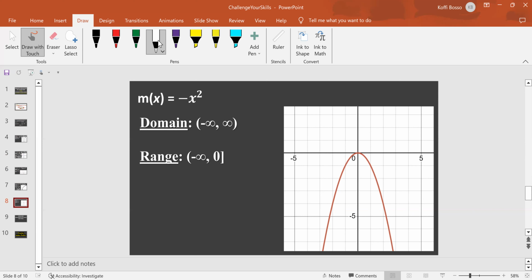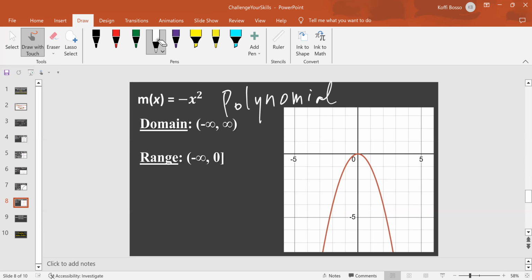The range also can be -infinity to infinity, or it can be -infinity to 0. That's the reason we have this question here. So we have a -x squared, which is again a polynomial. The domain will be all real numbers, so -infinity to infinity, because this is interval notation.